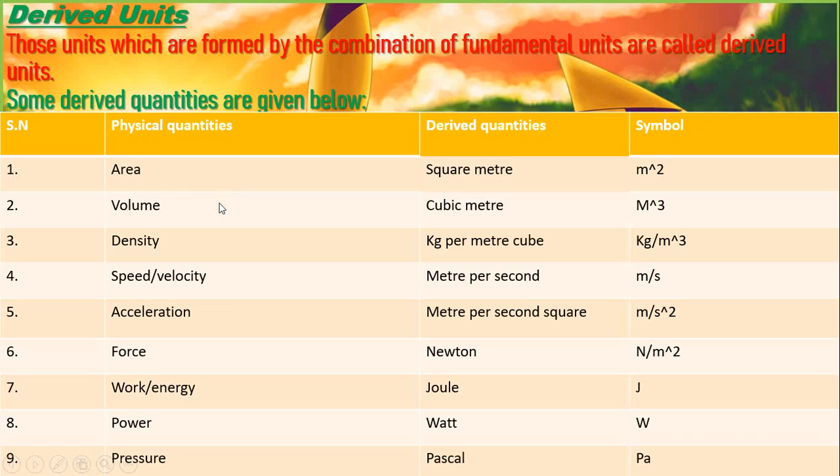So we can be clear that derived units are those units which are formed by the combination of fundamental units, and fundamental units are the units of fundamental quantities, and derived units are the units of derived quantities. So these are the two main things that we should remember.